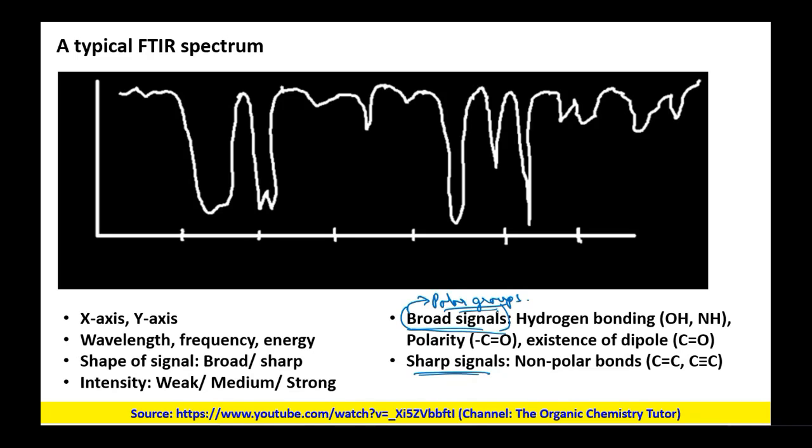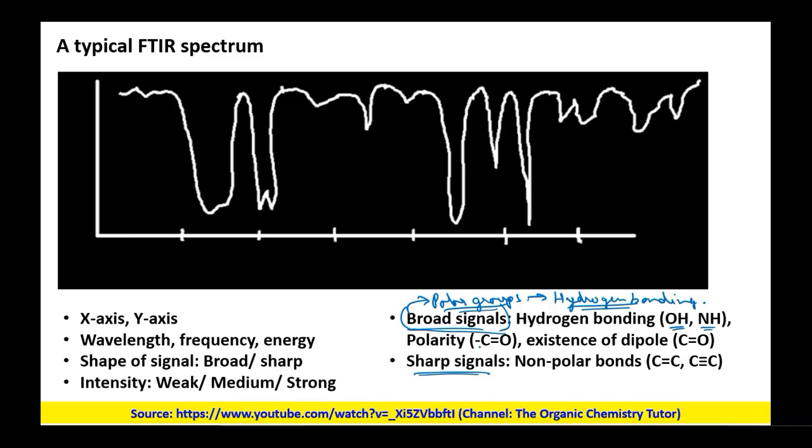If you see, most of the polar groups, for example, OH, NH, can form hydrogen bonding. So these signals, OH, NH, will usually give you a broad signal.